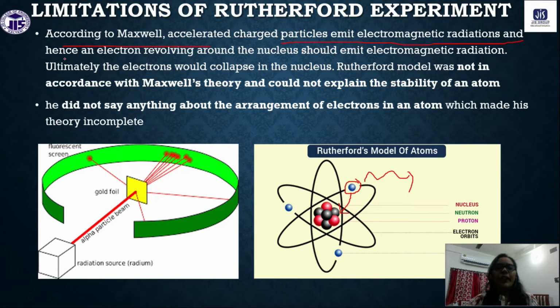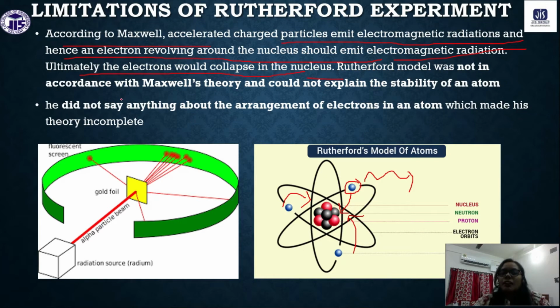So an electron revolving around the nucleus should emit electromagnetic radiation, and ultimately the electrons would collapse into the nucleus. All the electrons revolving around the nucleus will collapse into the nucleus. If we follow the Rutherford model, this case will take place.